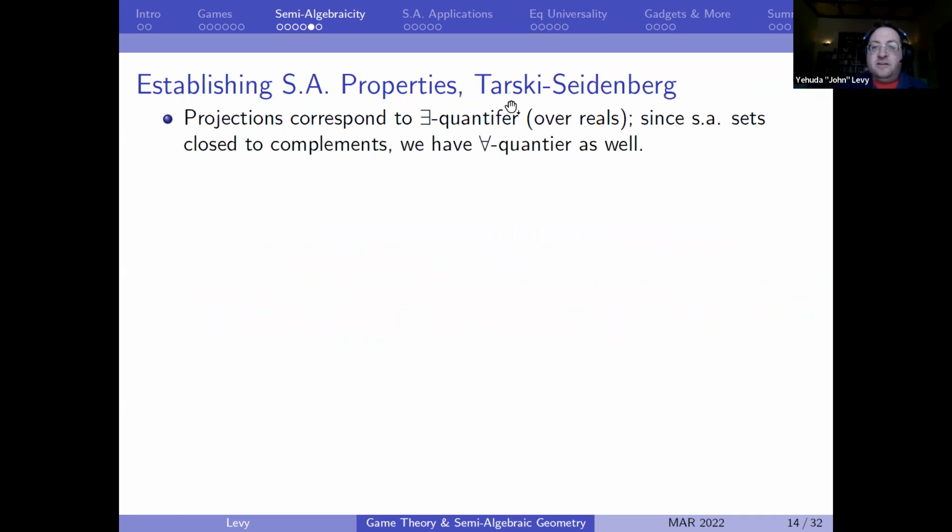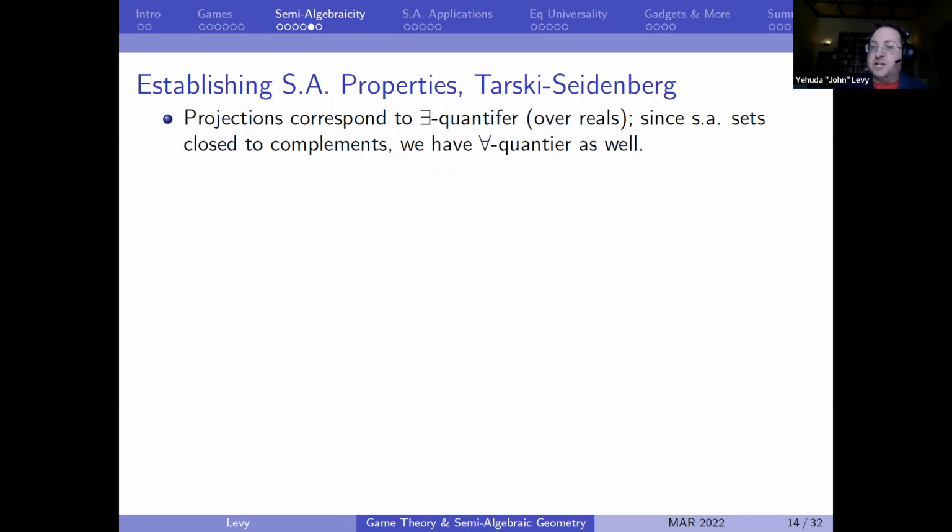Other nice properties involve the Tarski-Seidenberg principle, which is what I said about these collections being closed under projections. In terms of logic, being closed under projections means they're closed under the existence quantifier. Earlier, from the definition, they were closed under disjunction, conjunction, and negation.